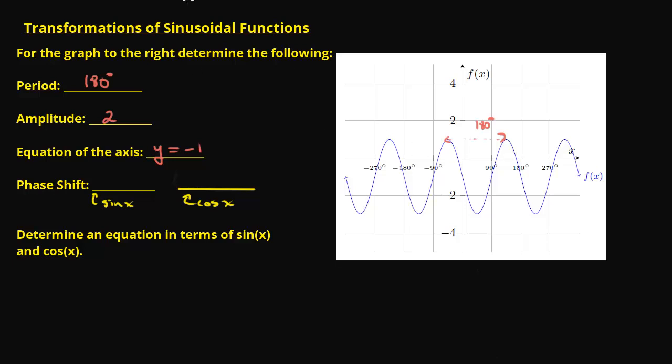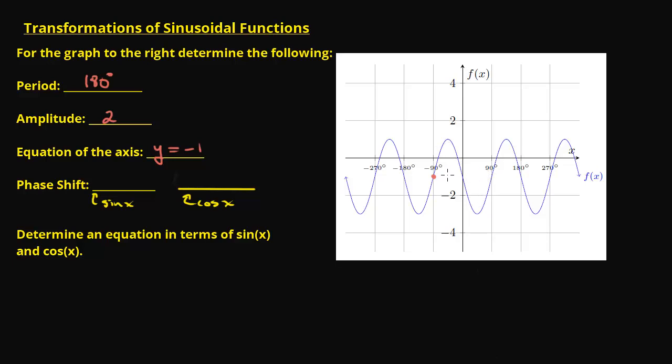Okay, so let's think about this for a second. If we model this using a sine curve, the sine curve would normally start here, and it normally starts increasing, right? So we would start here, and then that would be one complete cycle of the sine curve.